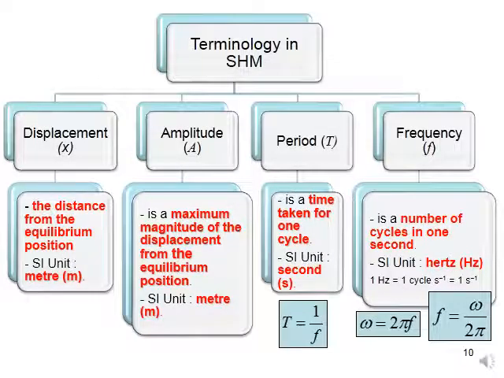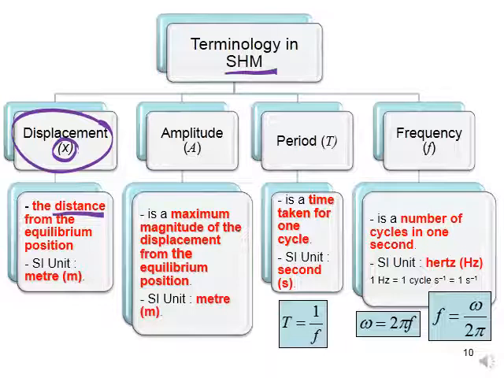This is the terms of SHM. 1. Displacement, symbol x, is defined as distance from the equilibrium position. SI unit meter. 2.